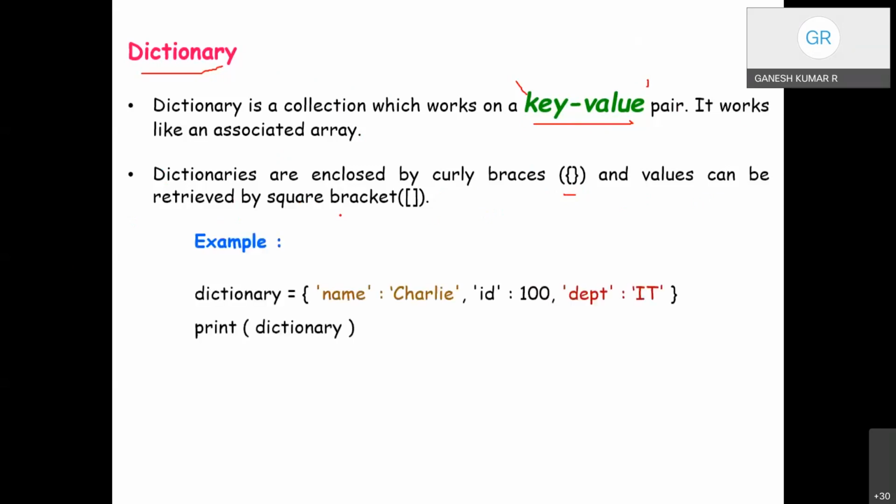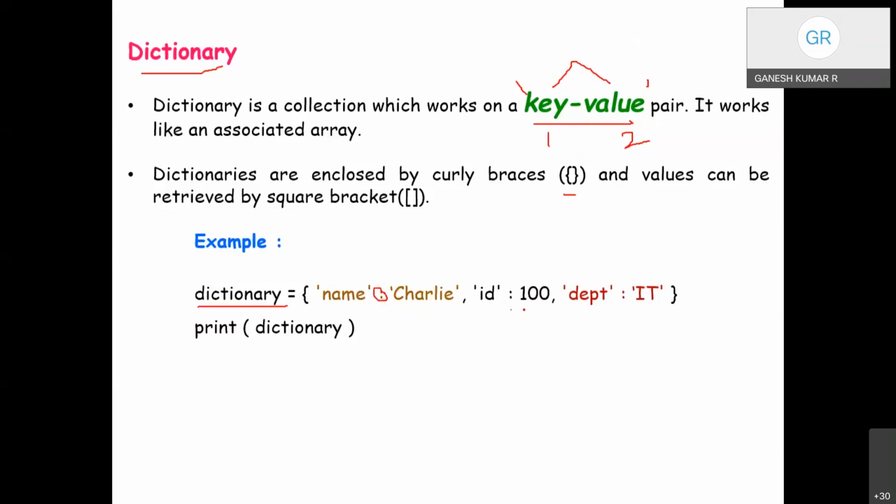For example, we have defined a variable called dictionary equal to a collection of different data items that works on key value pair, key and value. So every data has two elements. Number one, key followed by value. And the key and value pair will have the combination of a colon operator.